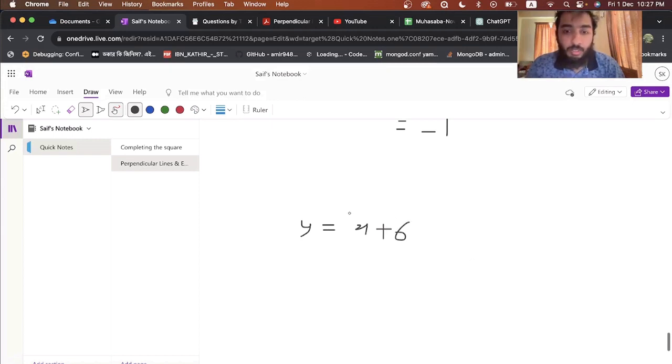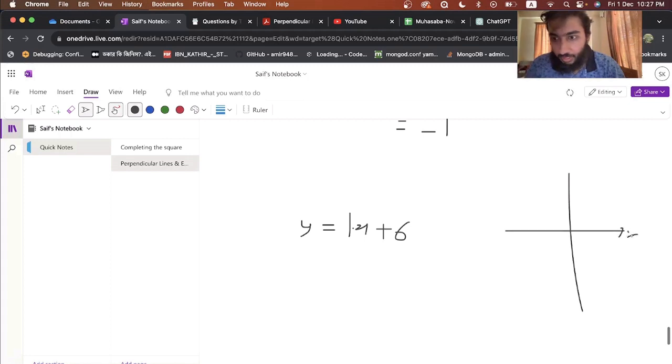Now if it is parallel, I know that the slope is 1. In the y equals mx plus c format, the slope is 1. If I draw an x and y axis with two parallel lines, their slopes are the same.